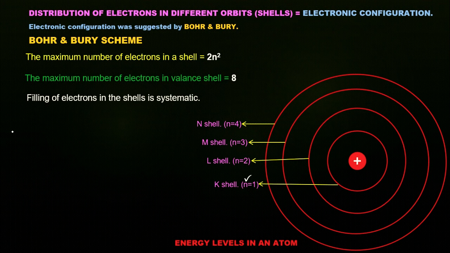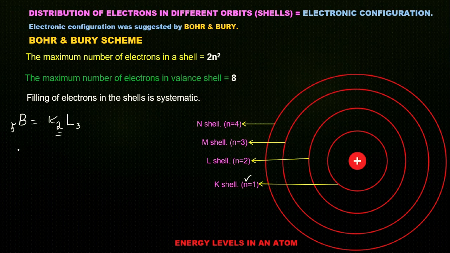Let's take an example, say boron, atomic number 5. It will be K2L3. Once the K shell is completely filled, having its maximum number of electrons, the extra electrons will be shifted to the second shell, and if the second shell is filled, the third shell will then be accommodated.